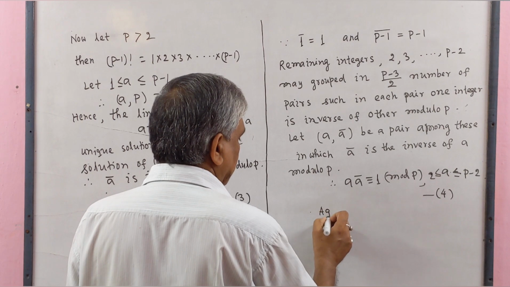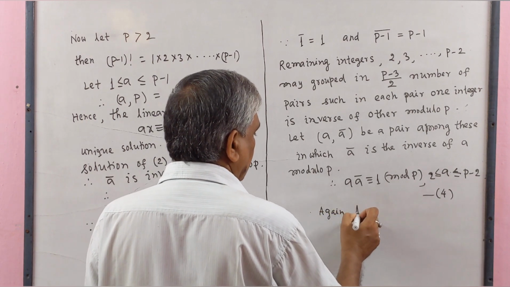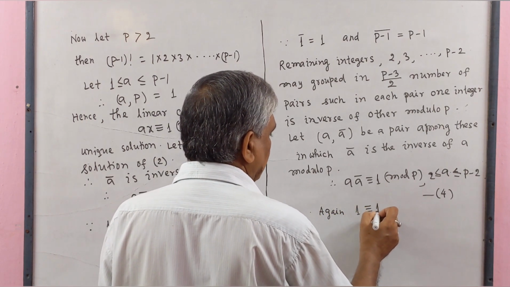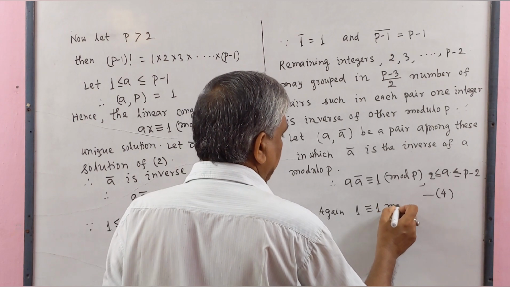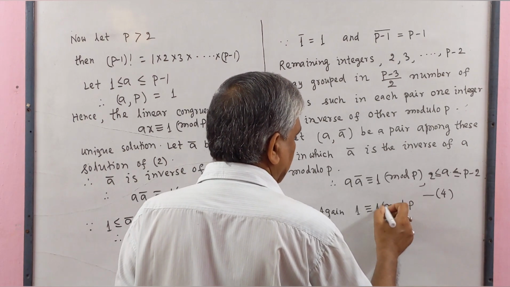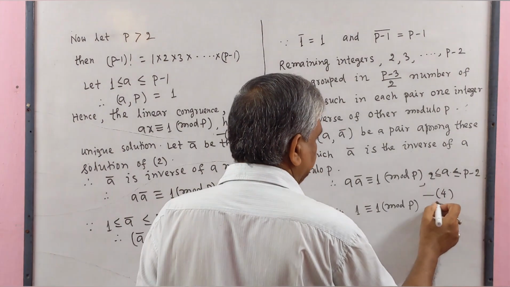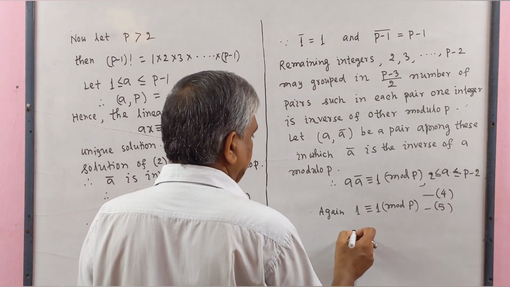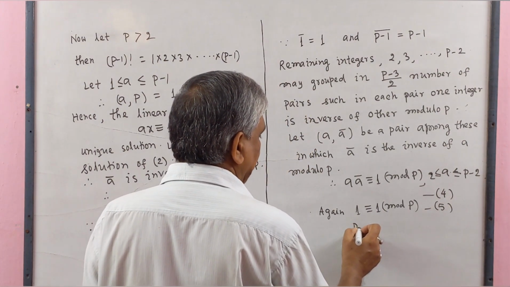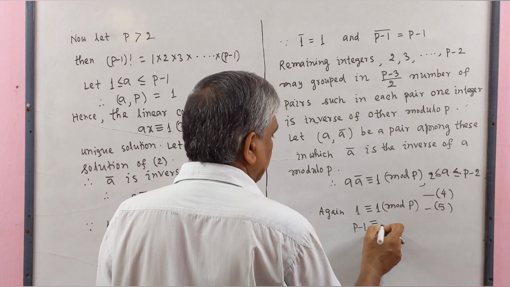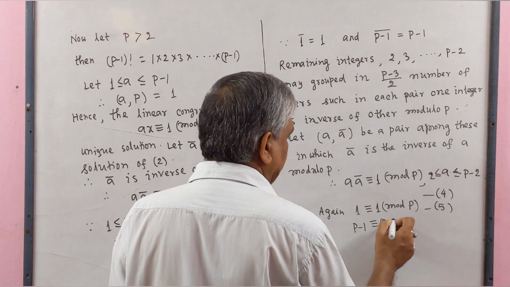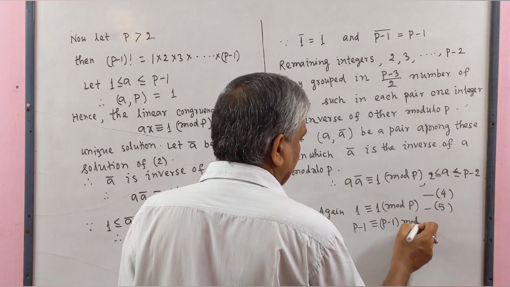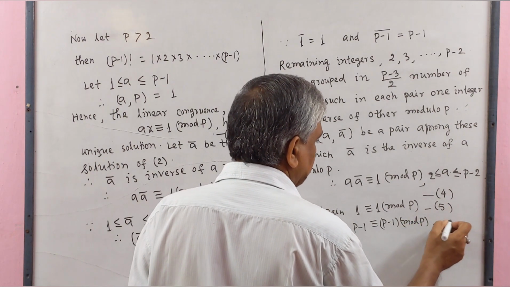Again, 1 is congruent to 1 modulo p. This is number 5. And p minus 1 is congruent to p minus 1 modulo p. This is number 6.